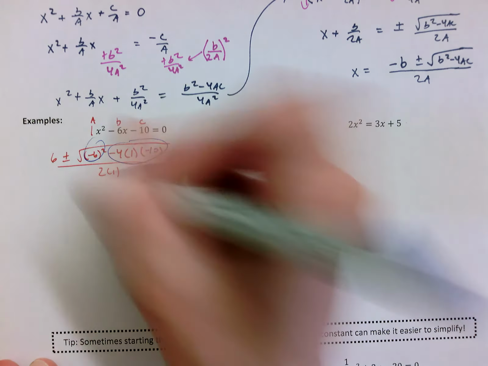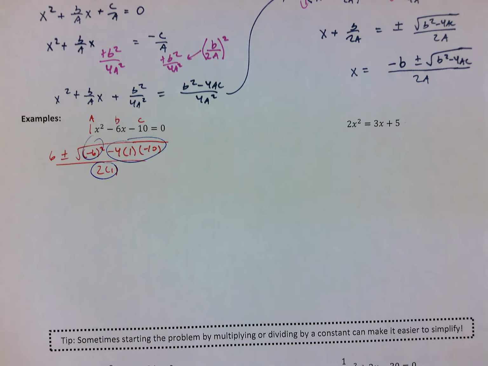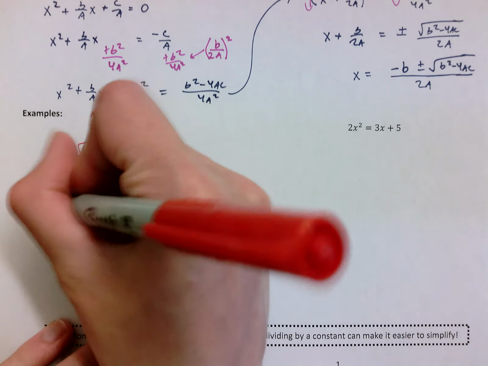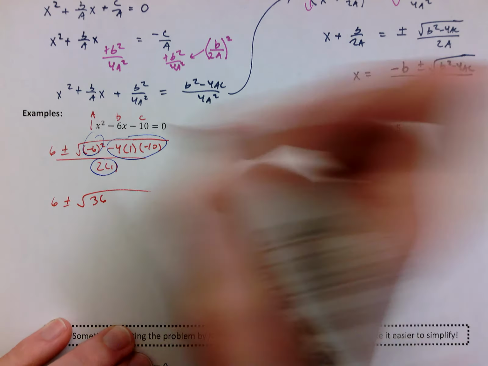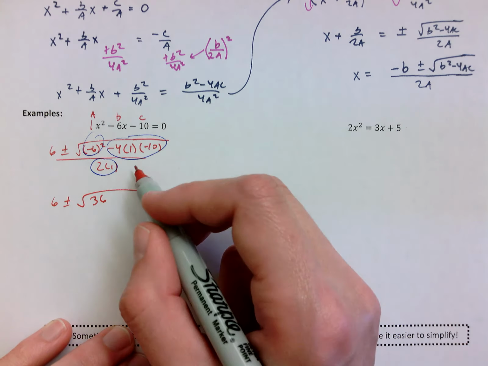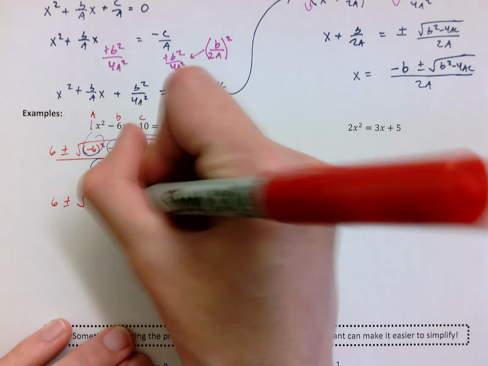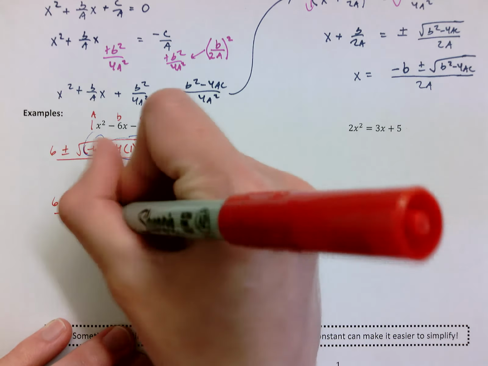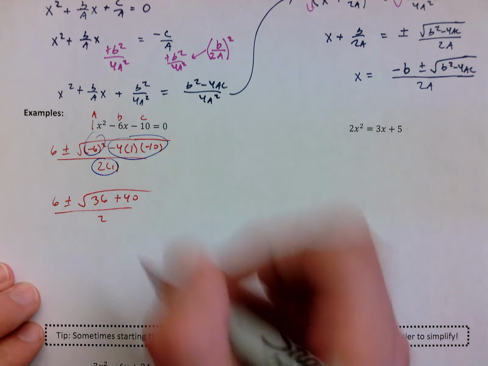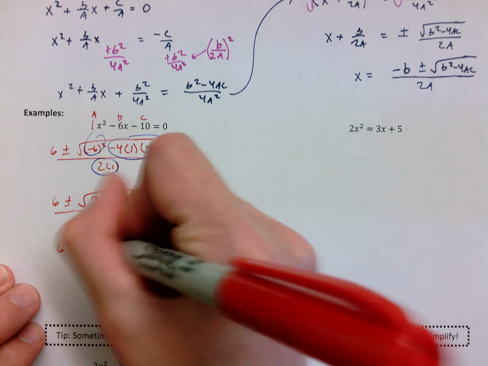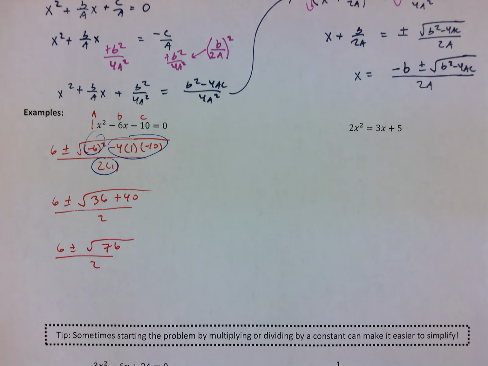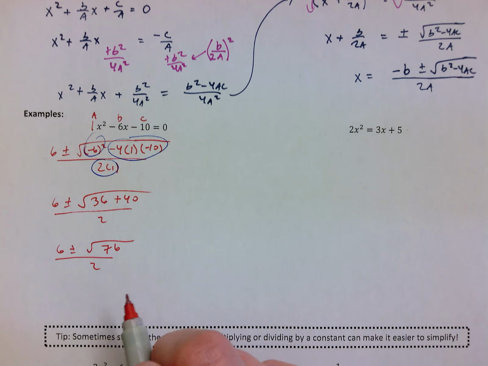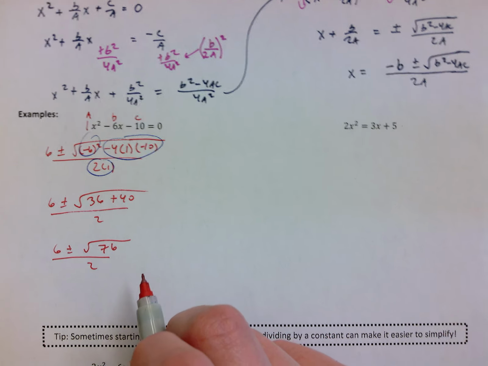Step 2, multiply that. Step 3, multiply that. So that's going to be 6 plus or minus the square root of 36. Be careful of your signs here. Negative 4 times 1 times negative 10 is positive 40, over 2. Add those together, so that's going to be 76 over 2.